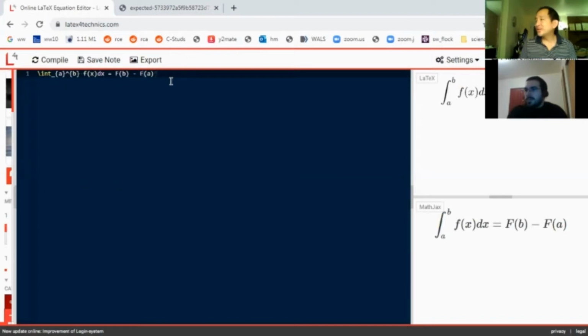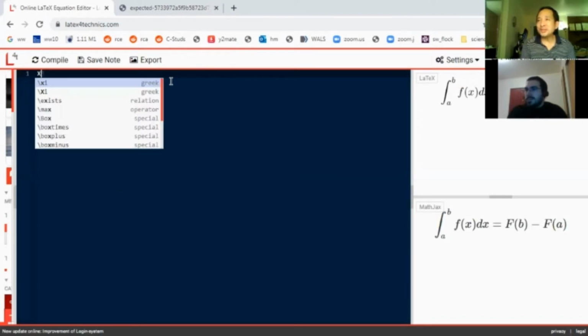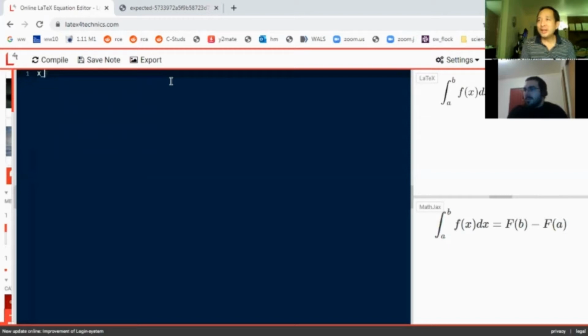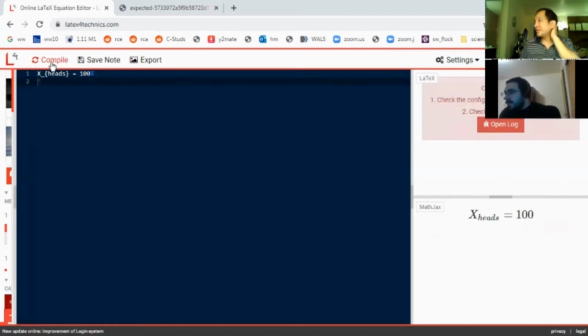Okay, so I can almost do this from, let's see, X heads equals 100%. And I don't know why it's not populating on the side. Oh, I'll do compile. All right, so let's just start with this.